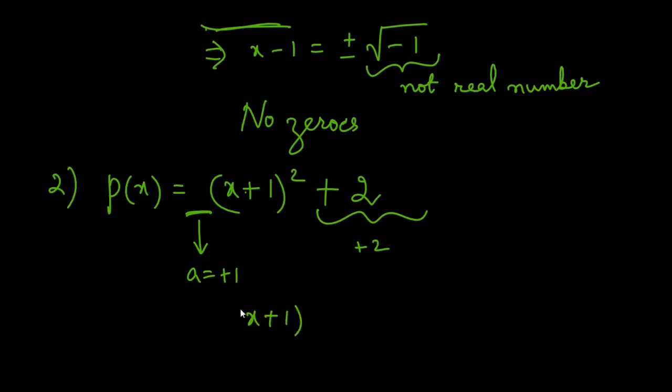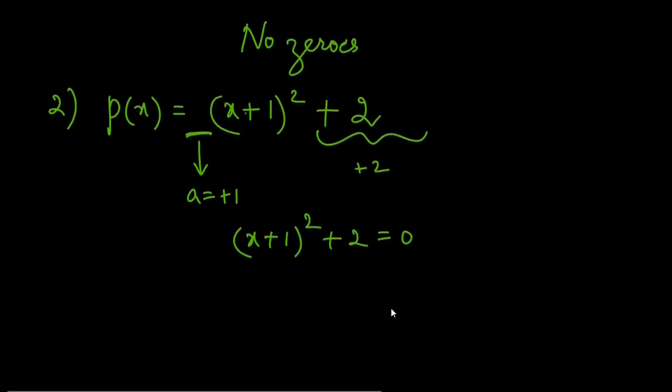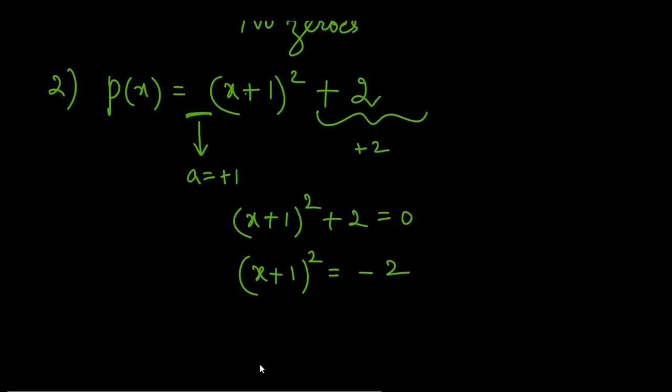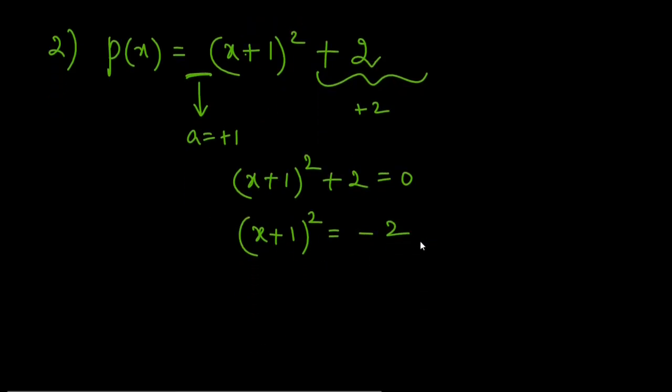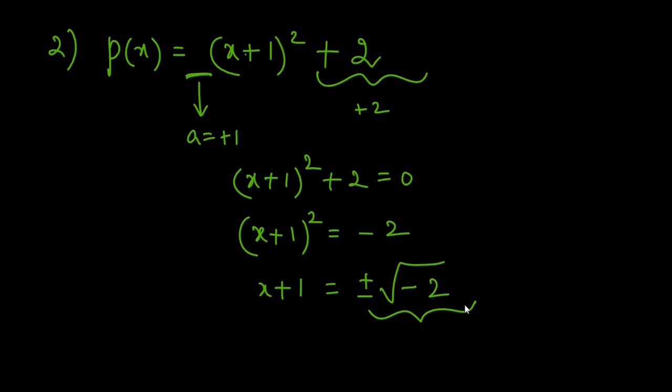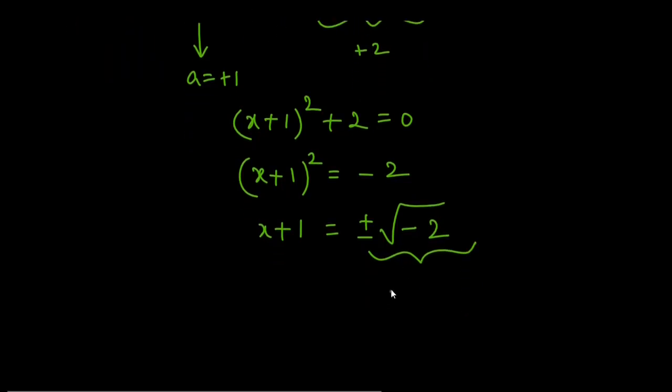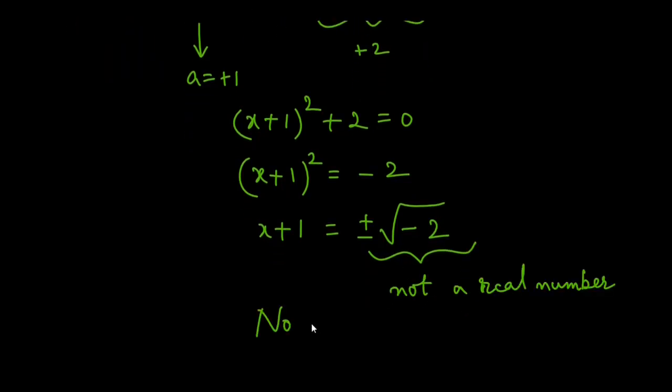X plus 1 whole square plus 2 is equal to 0. So we get x plus 1 whole square is equal to minus 2. If we take square root on both sides, we get x plus 1 is equal to plus or minus square root of minus 2. Square root of minus 2 is not a real number. So this polynomial has no zeros.